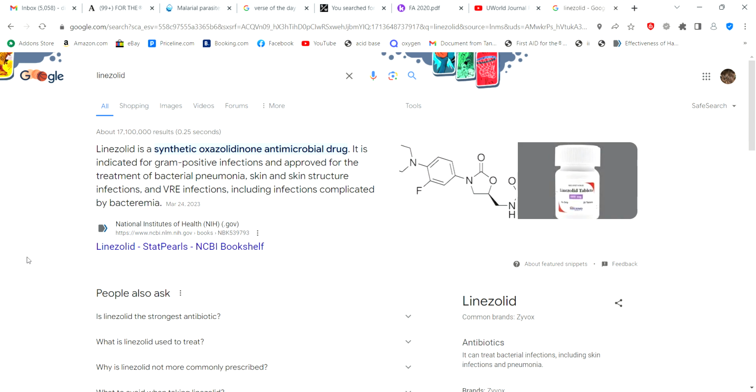So clarithromycin inhibits CYP3A4, so statin levels go up. Statins are broken down by CYP3A4, and then clarithromycin comes and inhibits the CYP3A4, so now there is nothing to break down these statins.